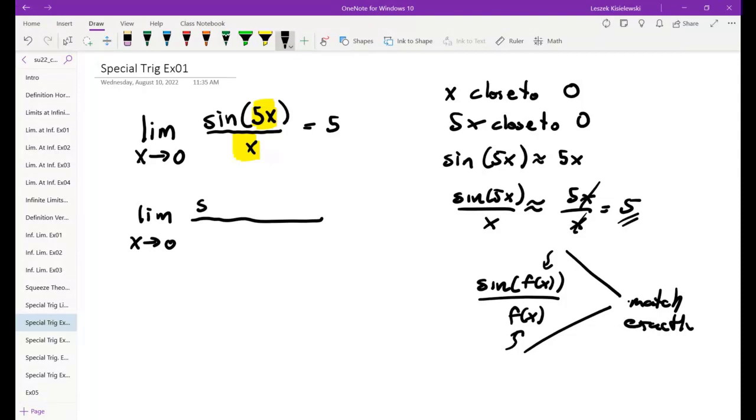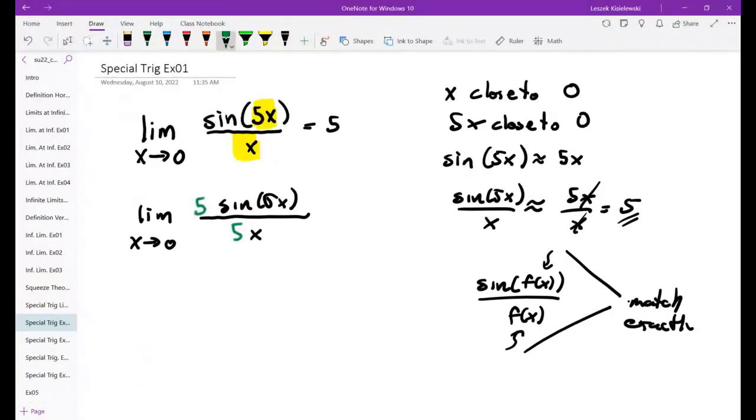Okay. All right. So what do we need in the denominator here for the denominator to match the inside of the sine? Well, we need a 5x. So you can introduce that factor in the denominator by multiplying the bottom by 5.